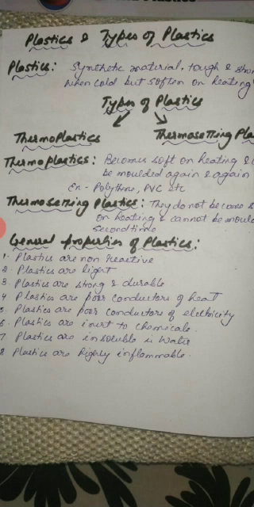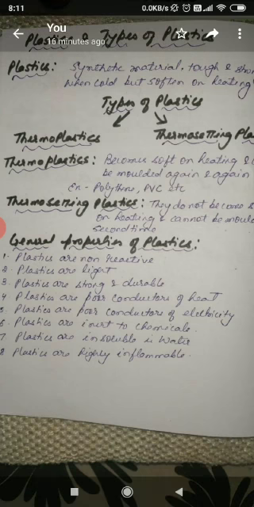The first property is that plastics are unreactive. That means articles made up of plastics do not react with air and water, so they do not get corroded. As we know, metals like iron get rusted when exposed to moisture and air.